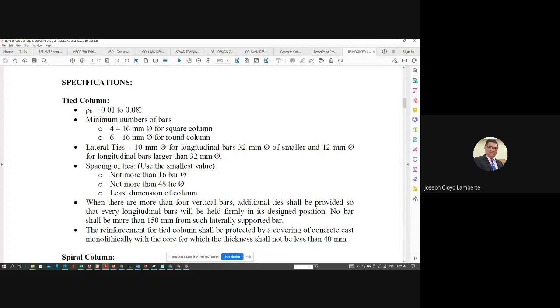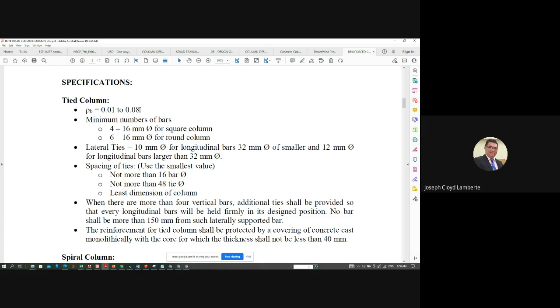The minimum number of bars is 4-16 mm diameter for square columns, and we have 6-16 mm for round columns. For a rectangular section, it can be 4 pieces of 16 mm if it is a small rectangular section. But if it is a large rectangular section, it may be 6 or even 8.